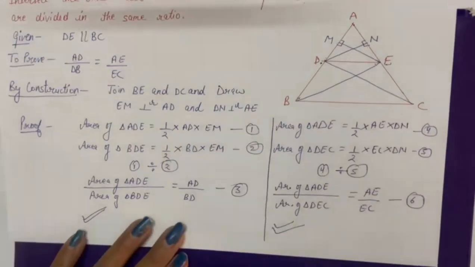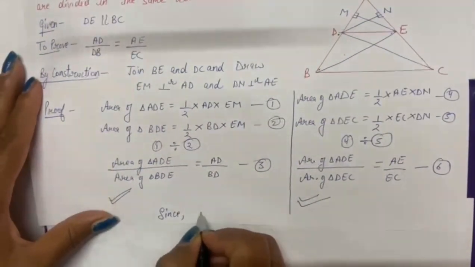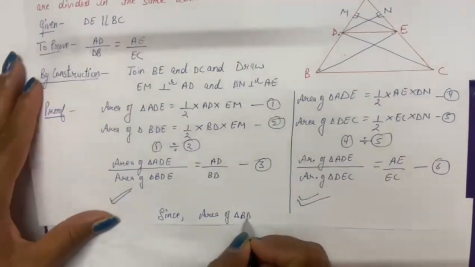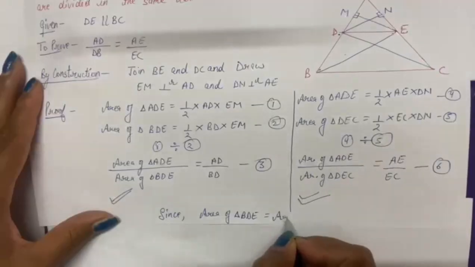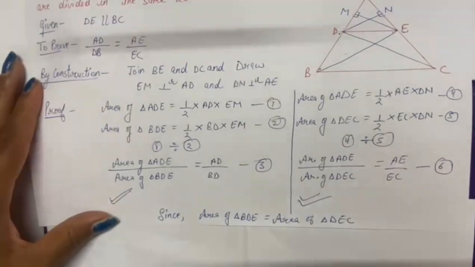So the next step will be, since area of triangle BDE is equal to area of triangle DEC. Why?